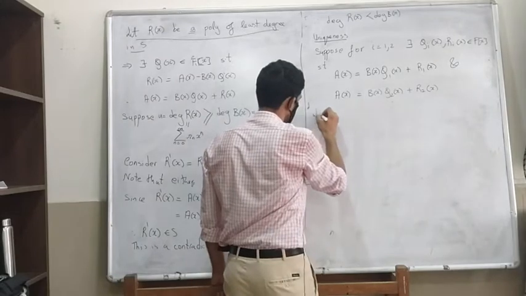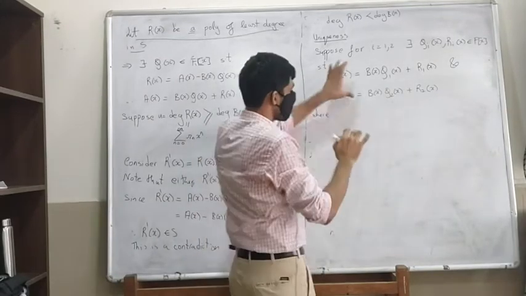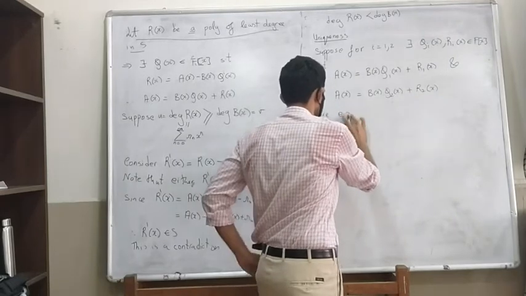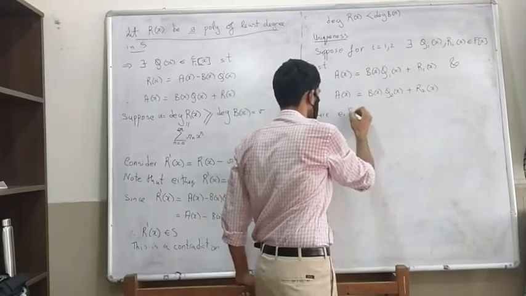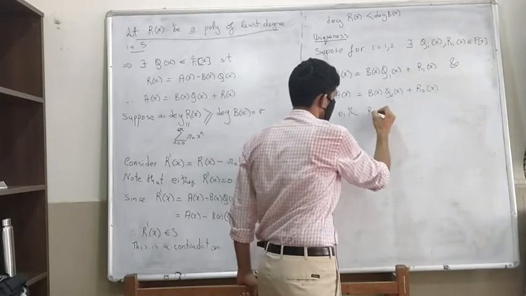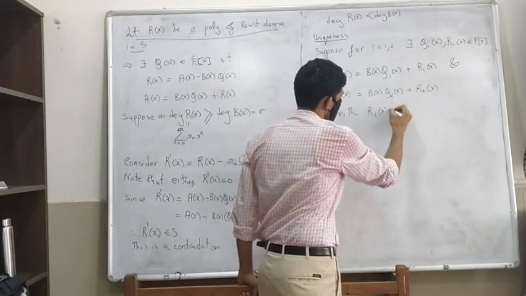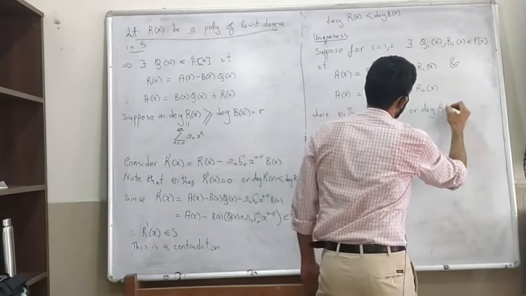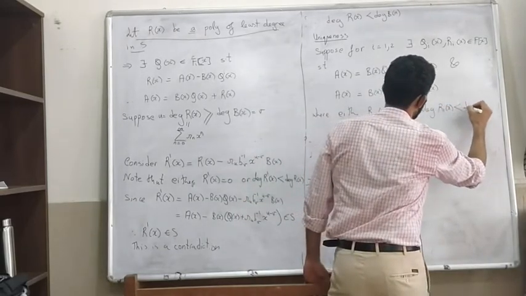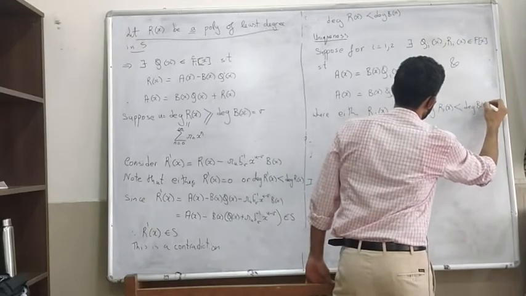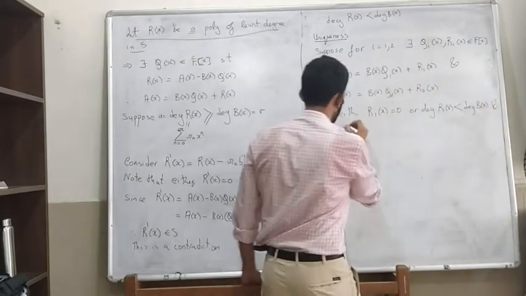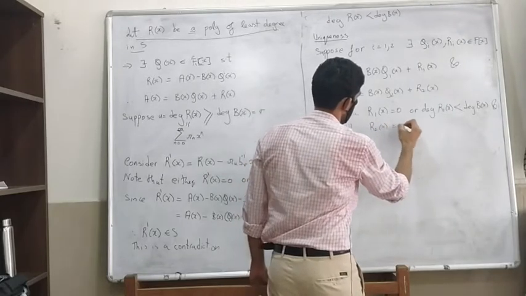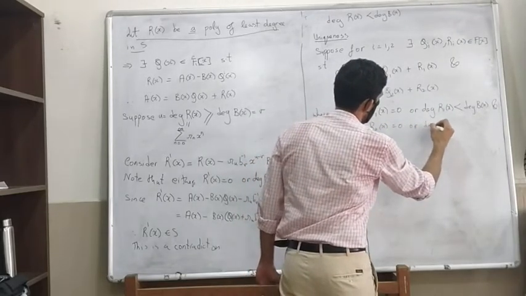where, suppose you can do this, where either R1 of x is 0 or the degree of R1 of x is strictly less than the degree of b of x, and similarly either R2 of x is 0 or the degree of R2 is less.